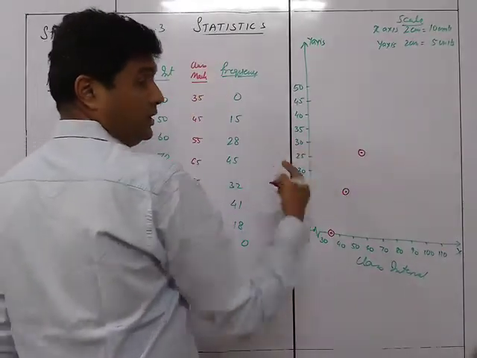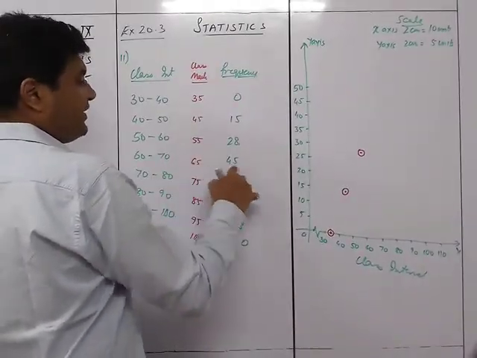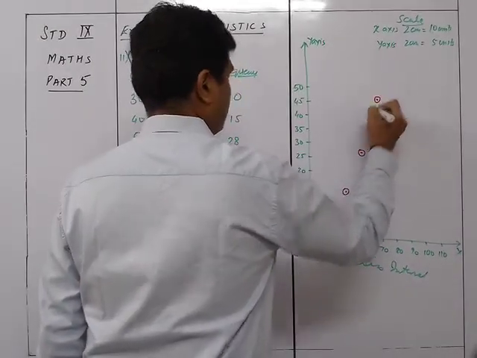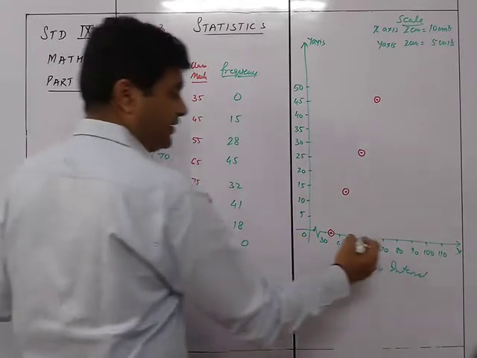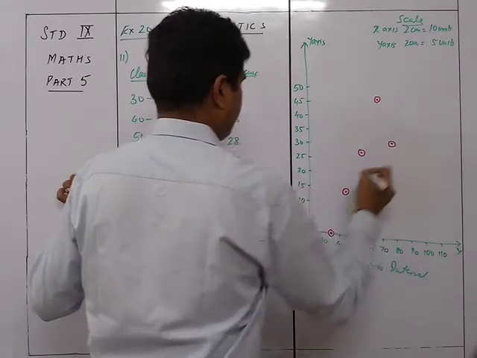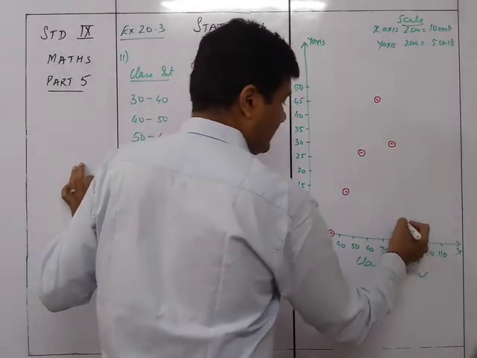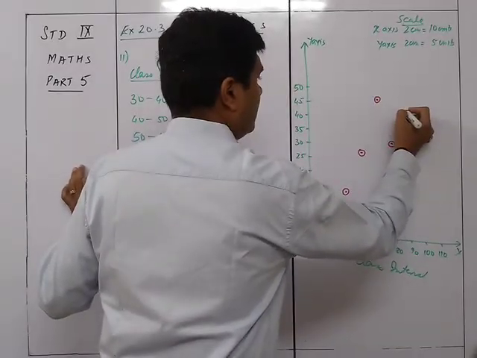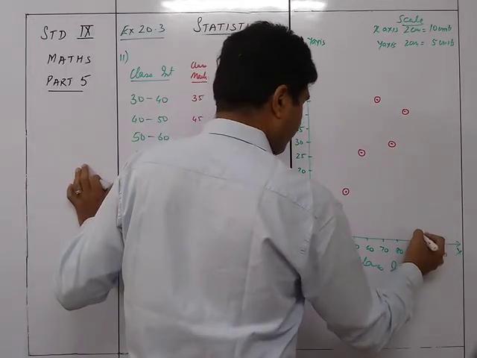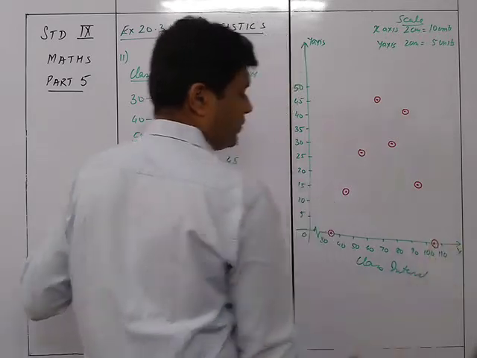That is over here. 6 points above 25. 65, 45. 65, 45 is going to be here. 32 for 75. 75, 32 will be here. 85, 41. 85, 41 will be all the way up to this place. And then 18 for 95. 95, 18 will be here. And then it will be 0 for 105.